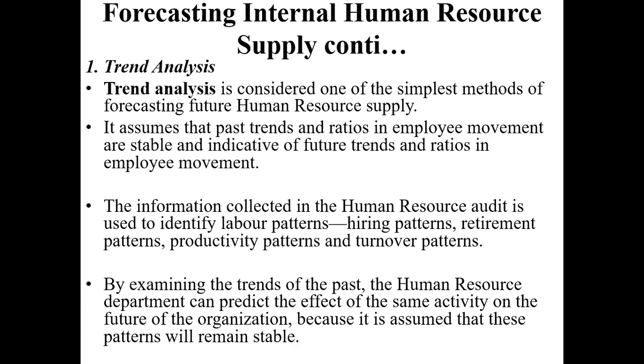So you will be taking into consideration the number of people that were, for instance, sick in the past, the number of people that went on leave in the past, the number of people that you lost through perhaps involuntary turnover or voluntary turnover, and so on and so forth. And you are using it as a basis to gauge that in future, if we experience this same trend, what is it likely to be? How many people are likely to be available?